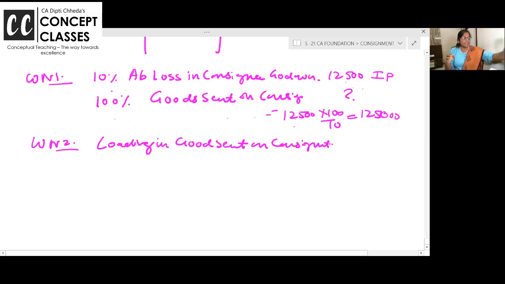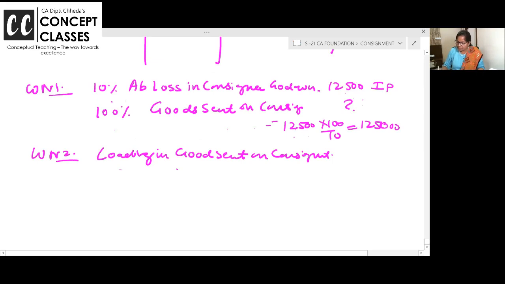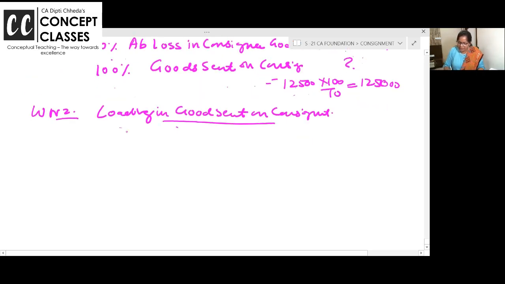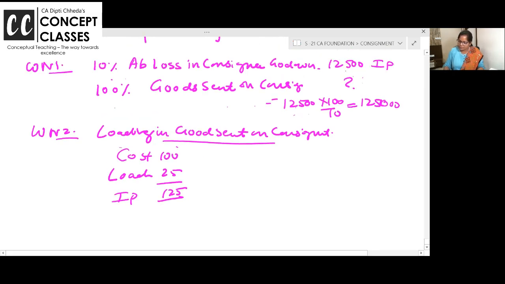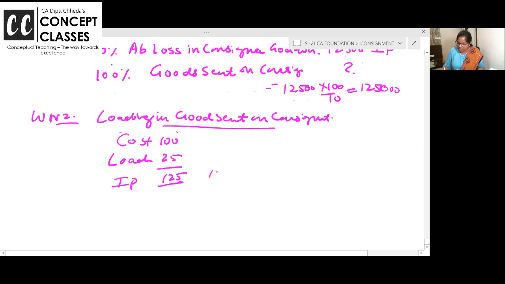Illustration 6 of study material. This is loading in the goods sent on the consignment. How to do it? Cost if 100, loading is 25, invoice price is 125. Goods which are sent on consignment, 125.